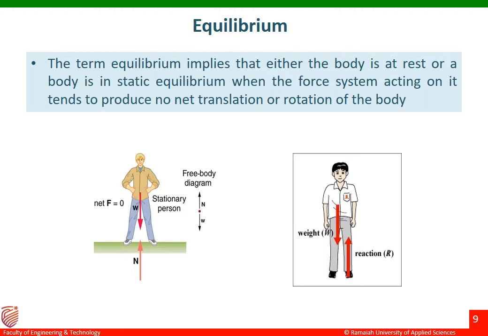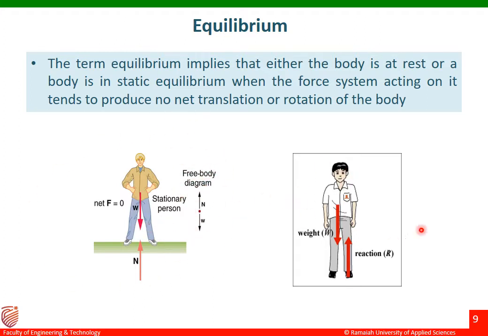You can see in the first figure there is a person standing. The weight of the person is coming downwards and the reaction is coming upwards. This is a person who is standing still, or we can also call it a stationary person. He is not moving, he is in equilibrium. The free body diagram of this person is drawn here.